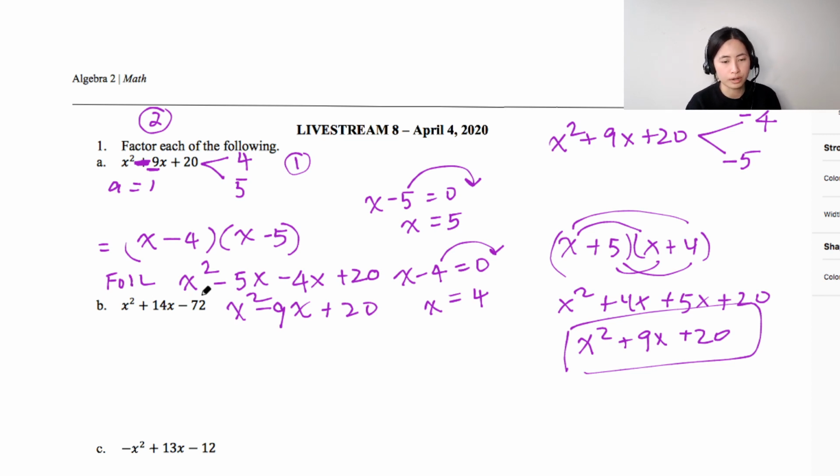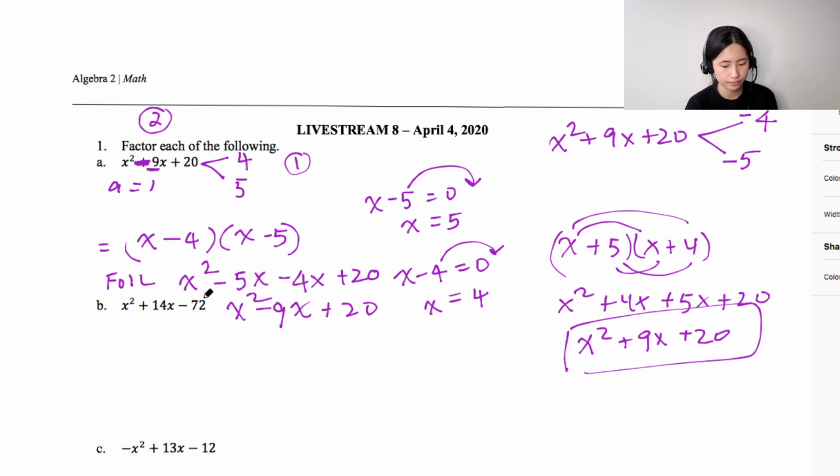So for this number over here, you need to think of two factors of 72 that are going to add up to 14, right? Let's see, 72, 1 and... Okay, let's try this.